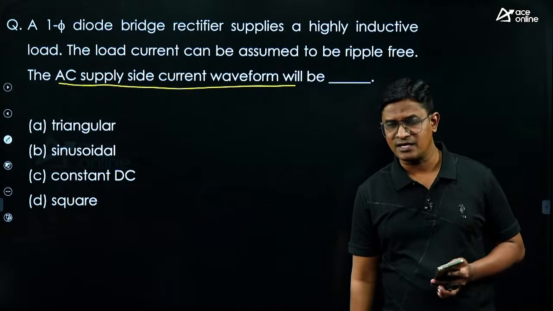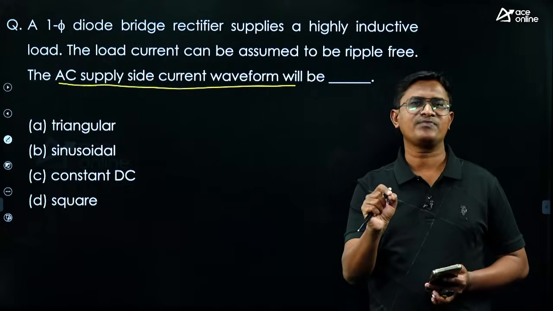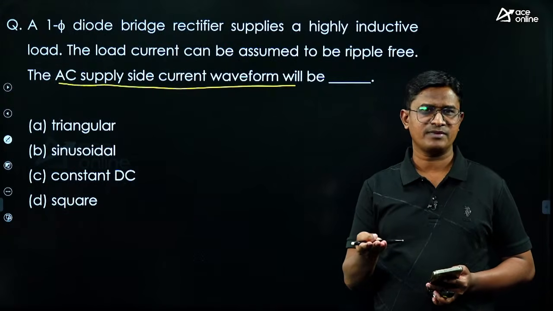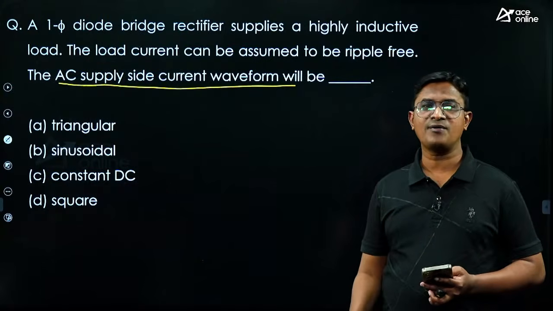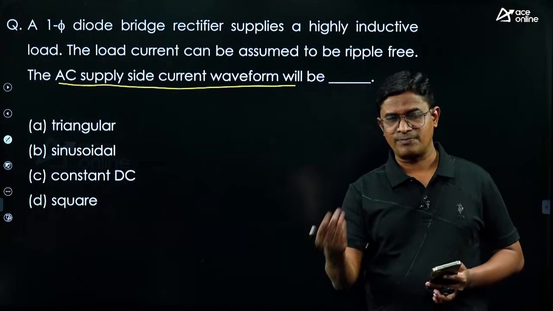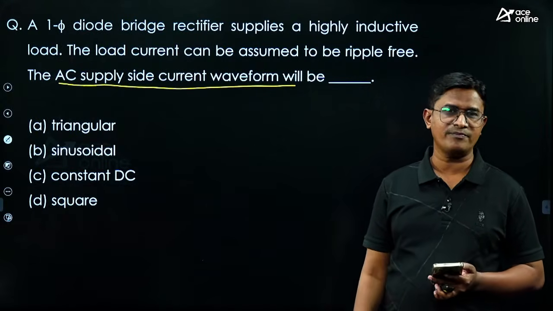The difference between thyristor rectifier and diode rectifier is, in a thyristor rectifier if I put alpha 0 degree, I will get a diode rectifier. Tell me, in a thyristor rectifier for highly inductive load, how is my supply current waveform? It is a square waveform, right?